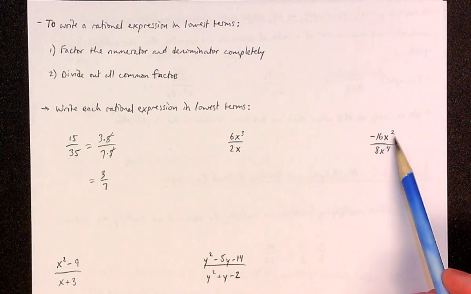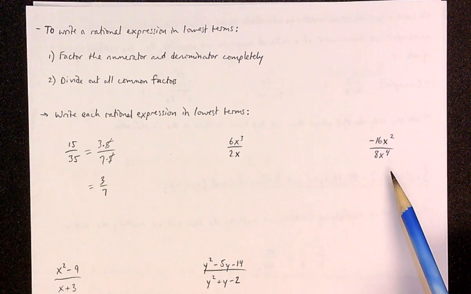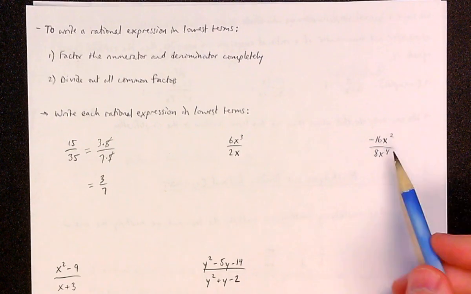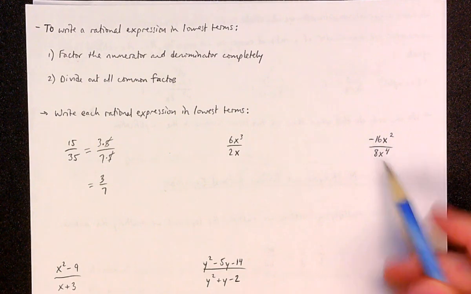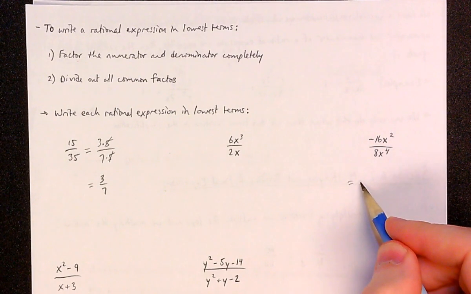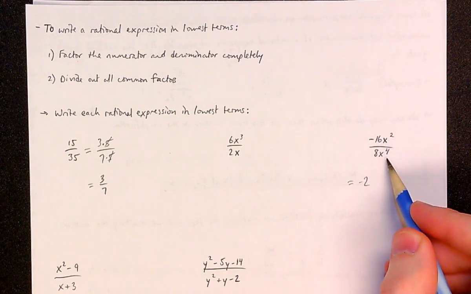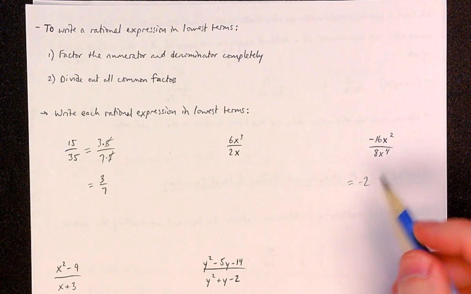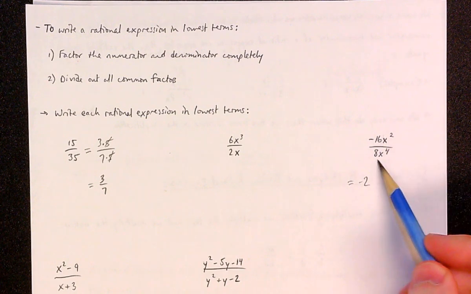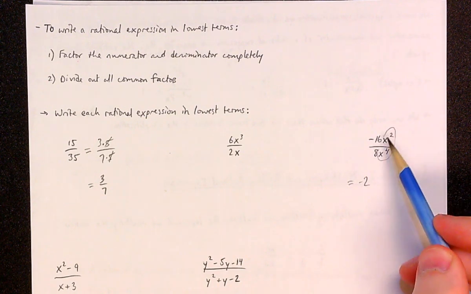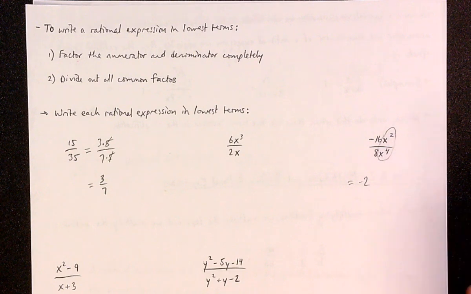Negative 16 times x squared divided by 8 times x to the fourth. Divide the numbers in front. Negative 16 divided by 8 is negative 2, and x squared divided by x to the fourth, we are dividing powers of x, so we will subtract those powers.